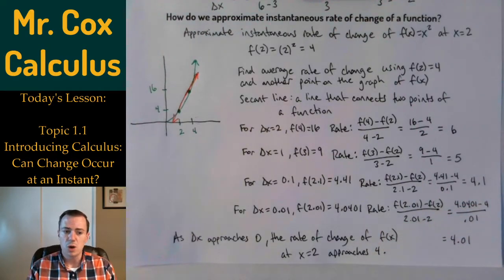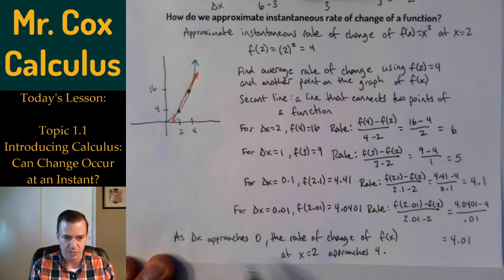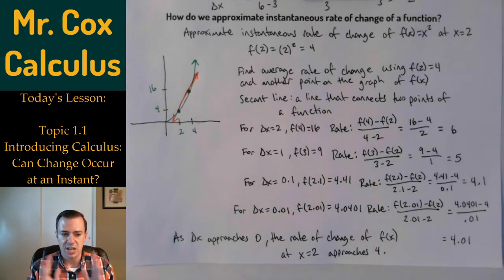And you don't know it yet, but there's a lot of power in this statement that we just made. That as the change in x was getting smaller and smaller and approaching 0, the rate of change of the function was approaching a specific value, 4. As we start to really define limits and this idea of rate of change in the derivative, there's a lot of power packed into this statement right here that we'll be exploring in the next couple of units.